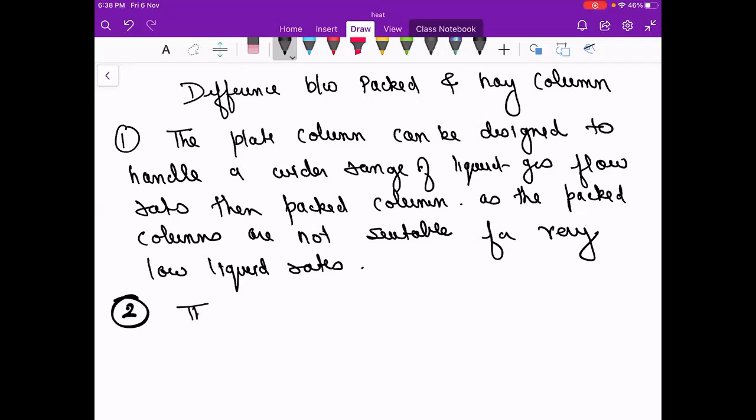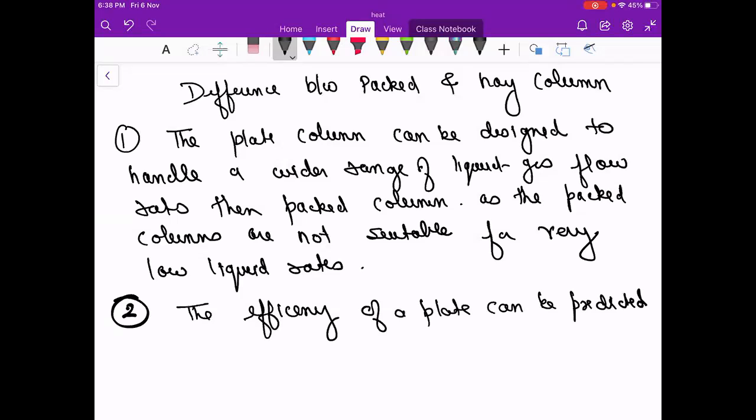The efficiency of a plate can be predicted with more accuracy in comparison to packing.